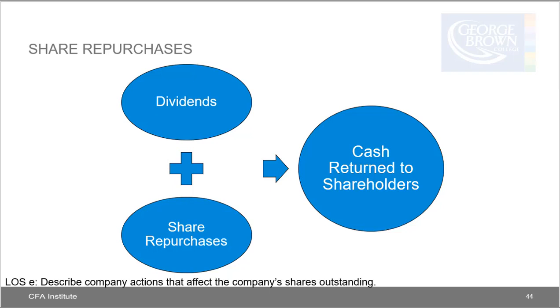So if it was an optional share repurchase and you didn't sell your shares back and other people did, that would effectively increase your ownership percentage. Anyhow, one of the questions they can ask is that share repurchases and dividends are very similar because it's cash that's being returned to the shareholder.